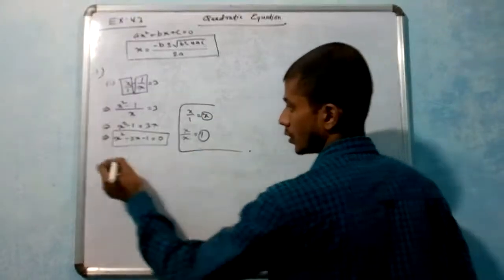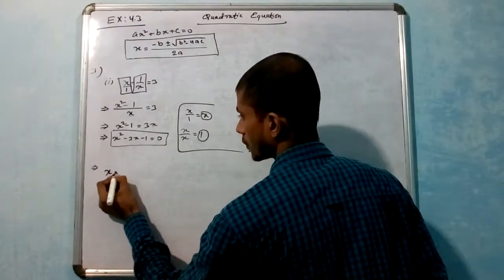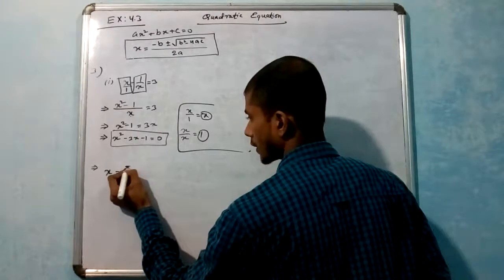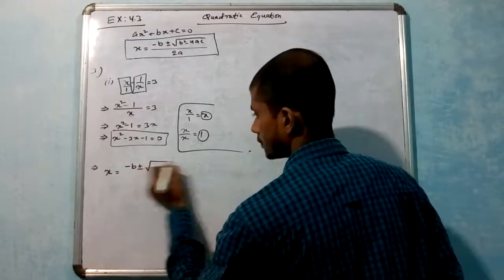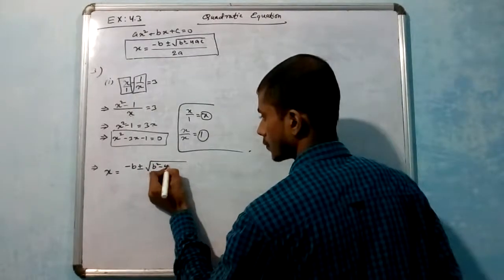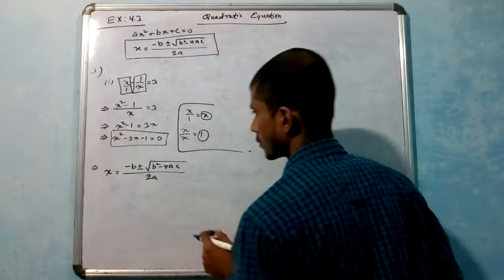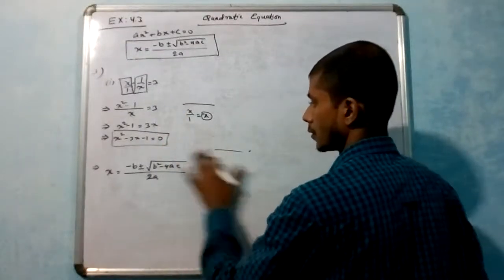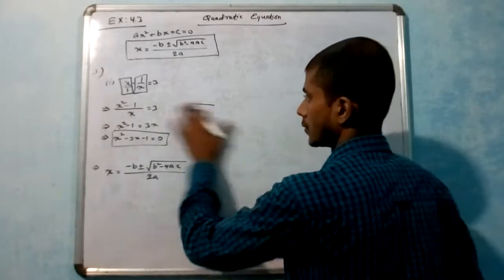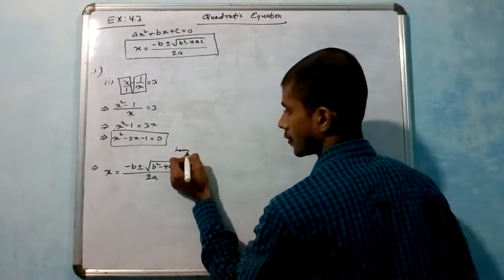And then next what to do? Solve it. By applying the quadratic formula, we get x is equal to minus b plus minus, under root b square minus 4ac, by 2a. What is a here?